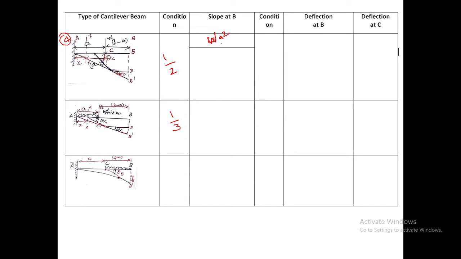W A square divided by E I, multiplied with this one, gives W A square divided by 2 E I. Here it is capital W. Multiplying with this one, the slope at B is small w A cube divided by 6 E I.